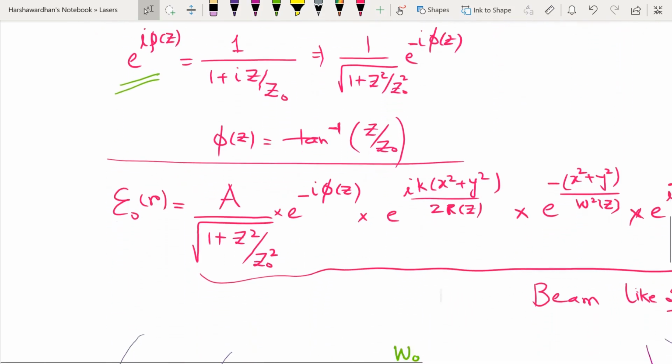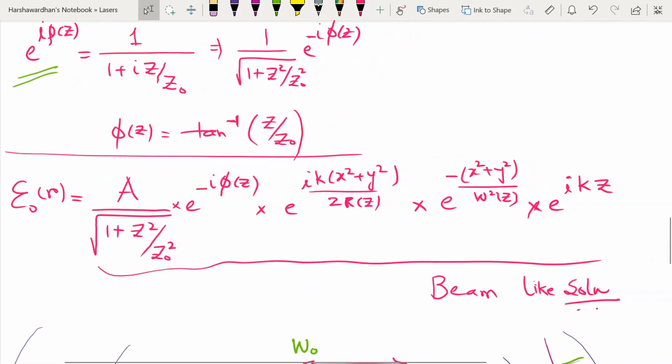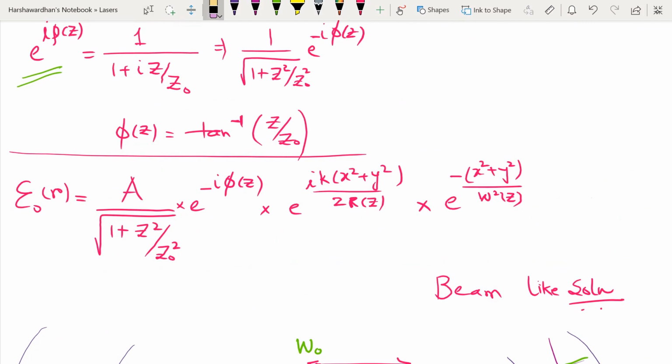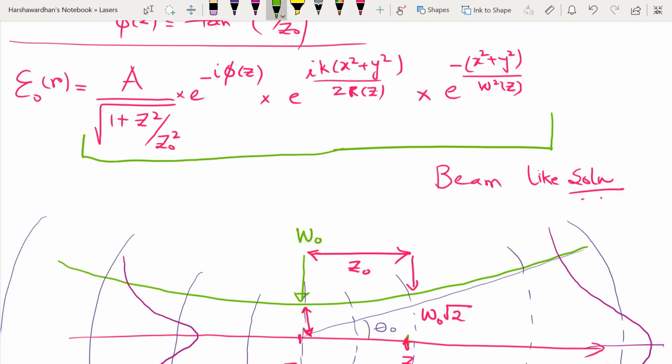So eventually what we have is the full electromagnetic field which satisfies the paraxial wave equation, where the coefficient is just E naught of r. E naught of r has got this form. This a was already there. There is a square root of 1 plus z square by z naught square that is coming from that exponential i p z.